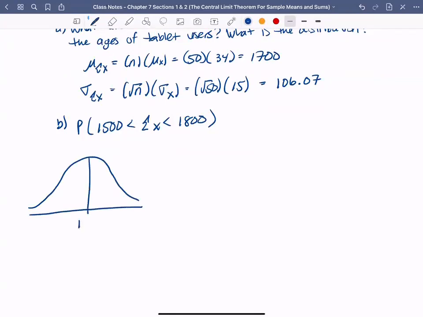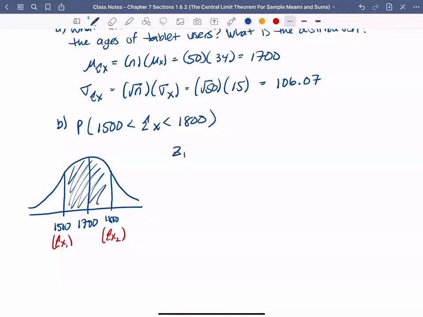Our average here is 1700. 1500 is somewhere right in here. We're just putting values here, of course, just guessing where it would be. So right in here somewhere. So this here is going to be our summation of x sub 1, summation of x sub 2.